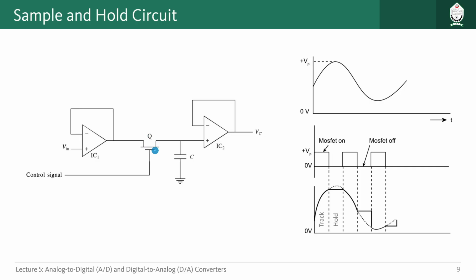Here we have an n-channel MOSFET, and through a control signal like this, a square pulse, for some of the portion we will have a positive voltage, maybe 5 volts, and for some of the duration we will have 0 voltage. Whenever we have a high or positive voltage as the control signal going to the gate, it will turn on the switch and close this path, and whenever we have 0 voltage, it will turn off this switch and this path will be open. In this way we control this particular path, right?